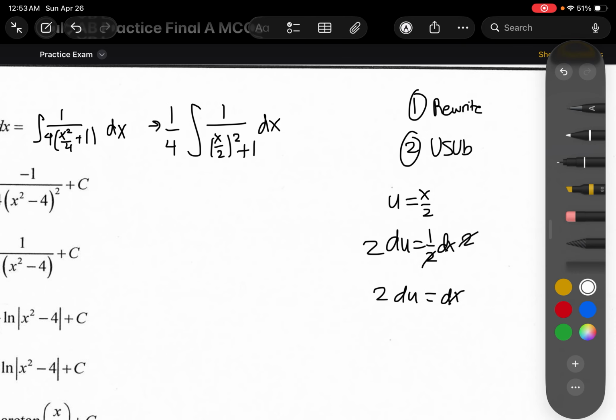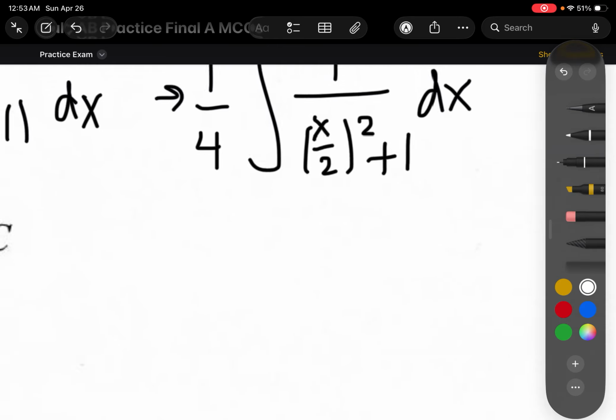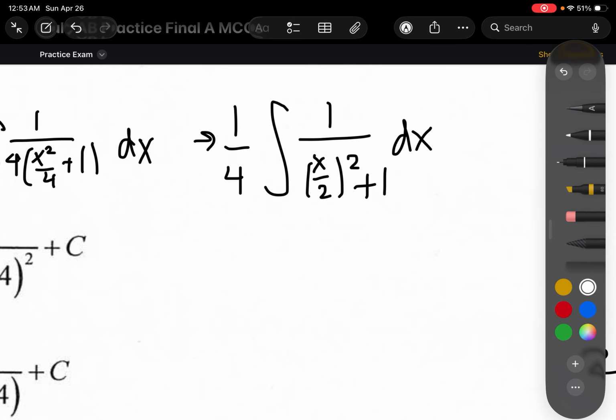Perfect. Now, what we need to do here is plug everything back in terms of u. So it's going to be 1/4 times 1 over u squared plus 1, 2 du.